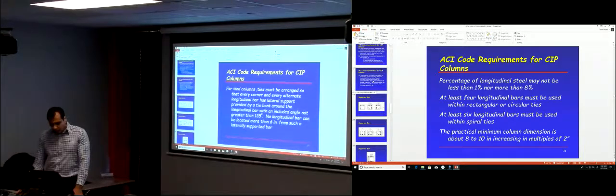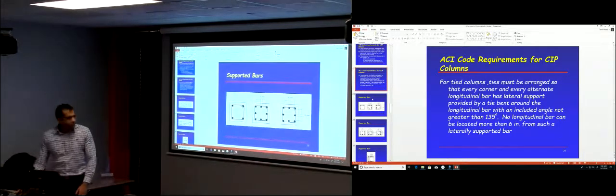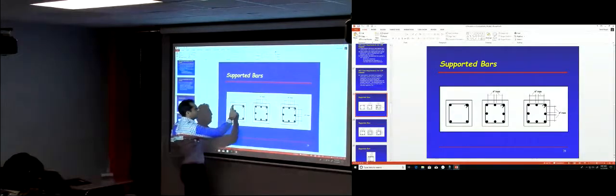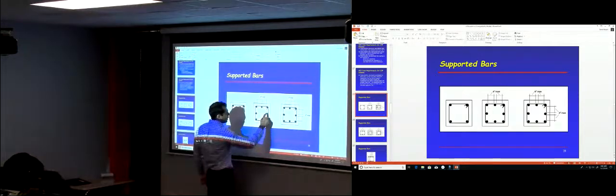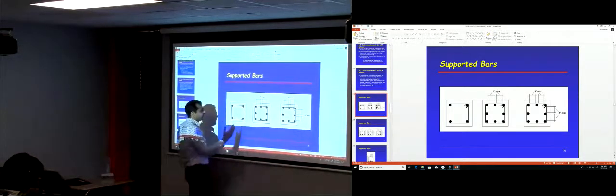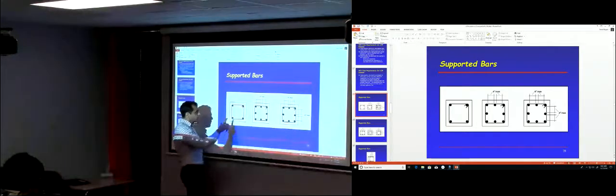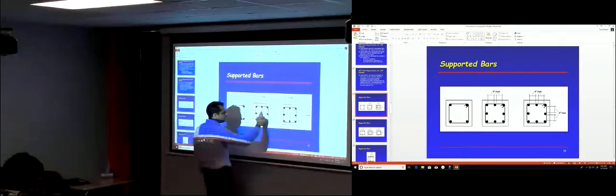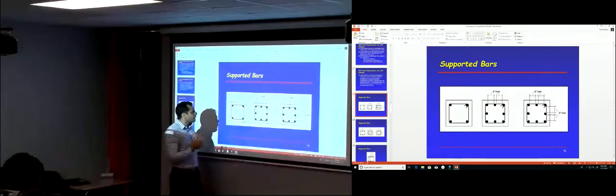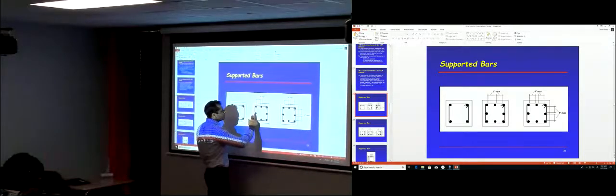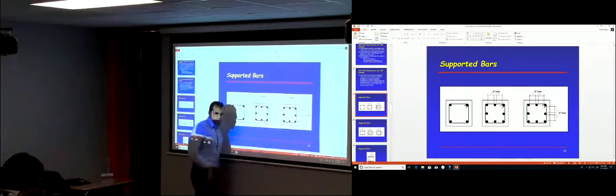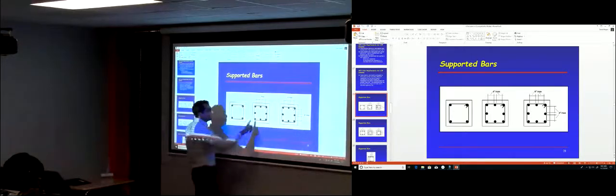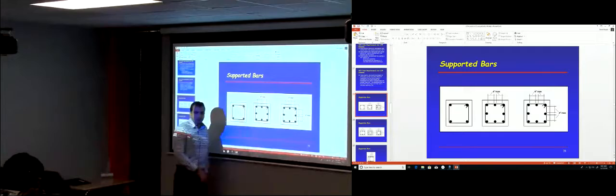Another requirement by the ACI code for the longitudinal bars: you need to have at least 1 bar at each corner. And then let's say you need more bars, not just 4, so you're going to add more bars inside here. Each alternate bar should be surrounded by a tie or stirrup, and that tie should make an angle of at least 135 degrees.